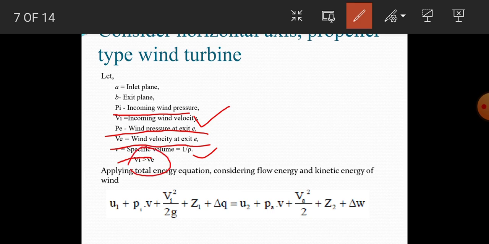We are assuming that. Applying the total energy equation, we have U1 internal energy plus P1 V1 plus V square by 2g, that is the velocity head, plus Z, the datum head, plus delta Q, the change in heat, and similarly the pressure, velocity, datum head and work done at the other plane.